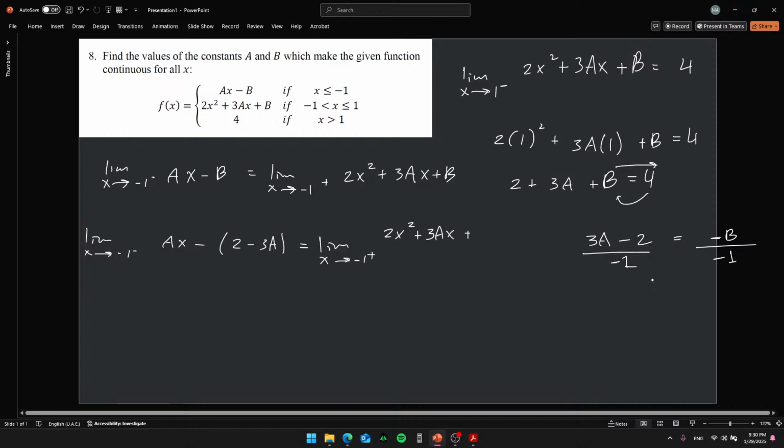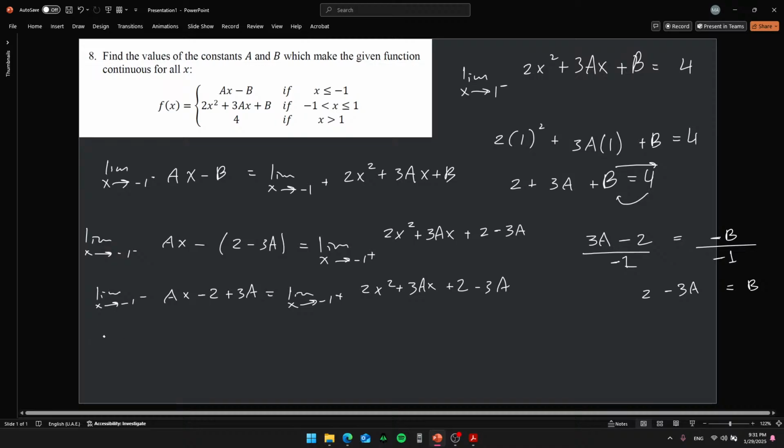Plus b is equal to 2 minus 3a. So 2 minus 3a. Substitute the negative, or simplify. Ax, simplify first. Minus 2 plus 3a equals limit x negative 1 plus 2x squared plus 3ax plus 3a.